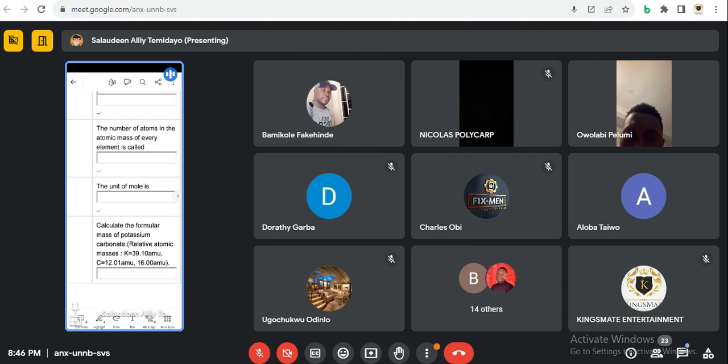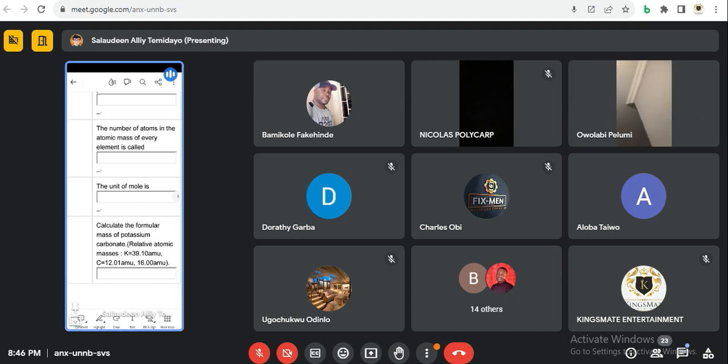So K is 39. K2 means 39 times 2, because 2 atoms of potassium are present in that compound. The next one is C, which is 12.